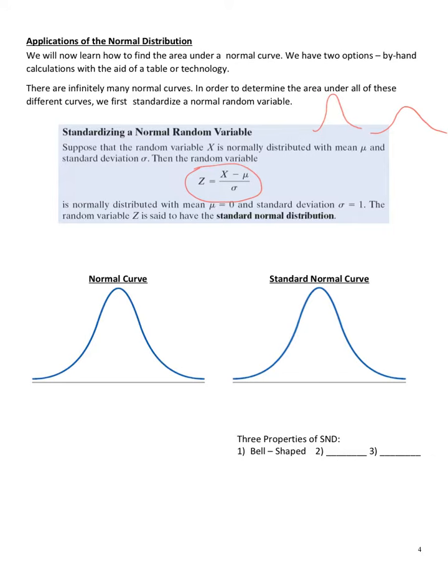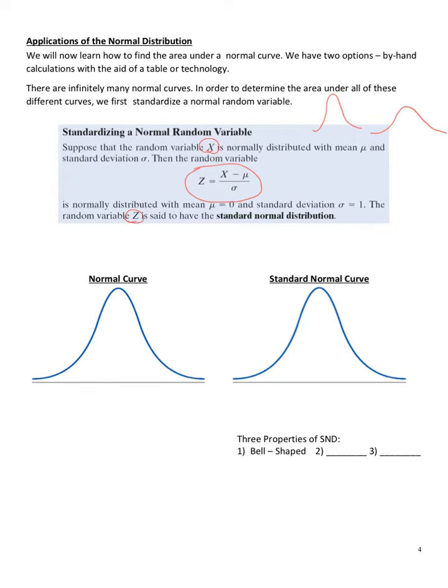Basically, we're transforming a random variable x, with mean mu and standard deviation sigma, into a random variable z with mean 0 and standard deviation 1. Let's visualize this.